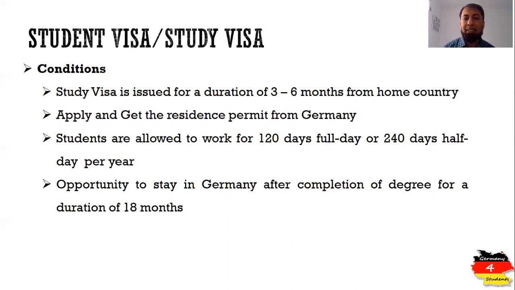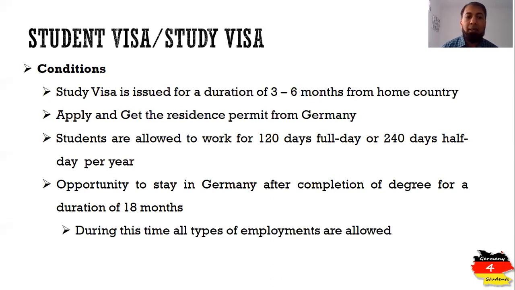You can stay in Germany after the completion of your degree for a period of 18 months. If you have completed your bachelor or master degree, you will be given 18 months so that you can search for a job related to your field. And during these 18 months, you will have the option to do any kind of employment, because you will be searching for a job, and that is not a full-time job.